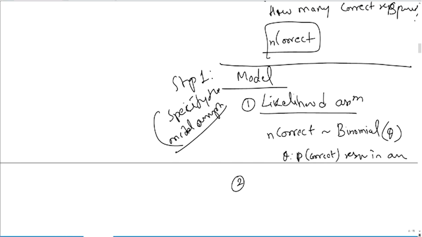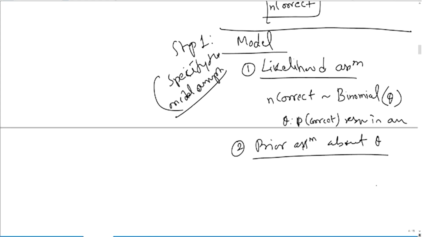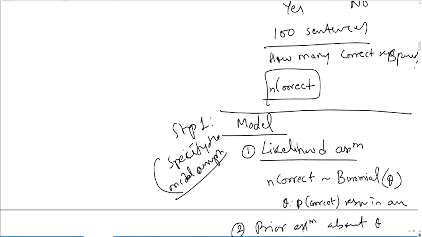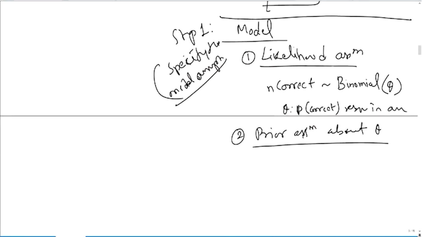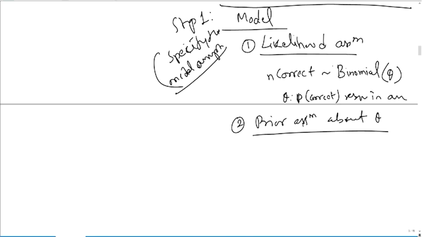Now you need to make prior assumptions about theta. What kind of prior assumption can you make? Theta is the probability of producing a correct response in a particular trial. Let's say the participant seeing these sentences is a native English speaker, whose mother tongue is English. They are likely to make a correct response in most of the sentences, since they would have no apparent difficulty in recognizing whether a sentence is correct or not.